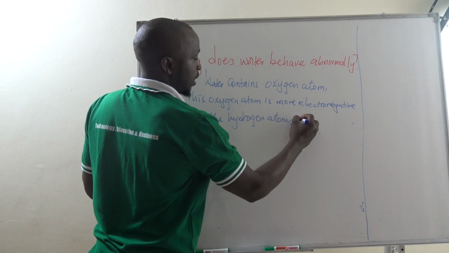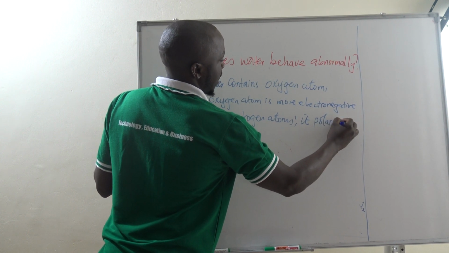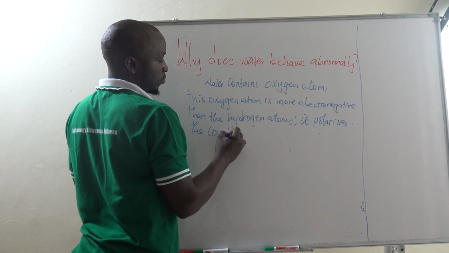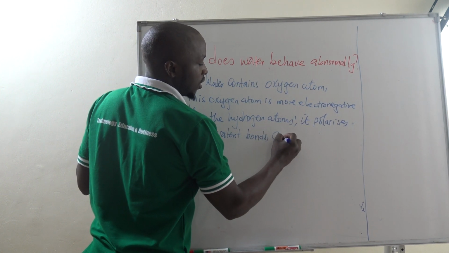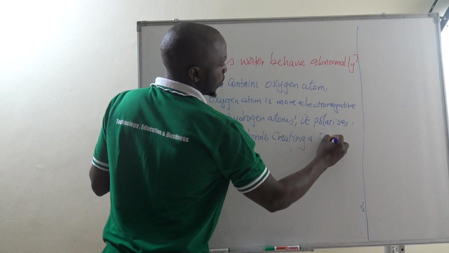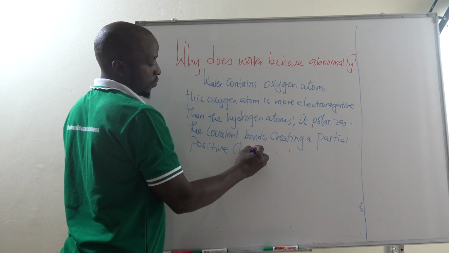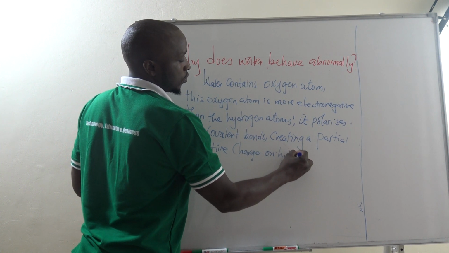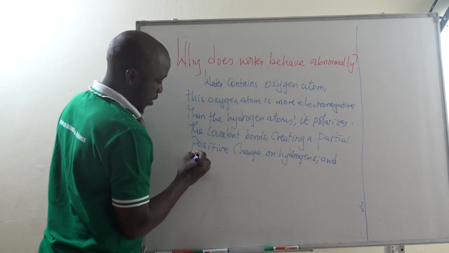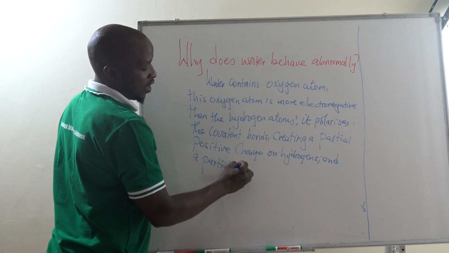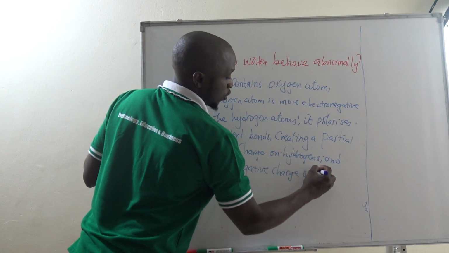This takes us here, that it polarizes the covalent bonds, creating a partial positive charge on hydrogens, and a partial negative charge on oxygen.